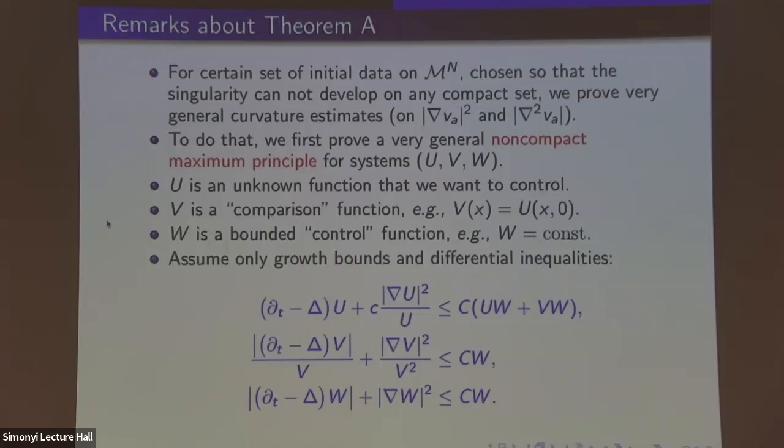And I showed you that to control the Riemannian curvature, you have to control the Riemannian curvature in the base, and basically the first derivatives and the second derivatives of the warping functions.